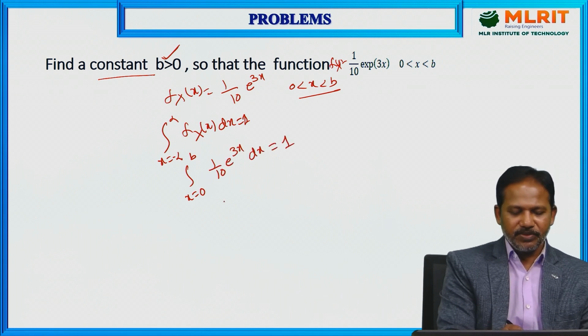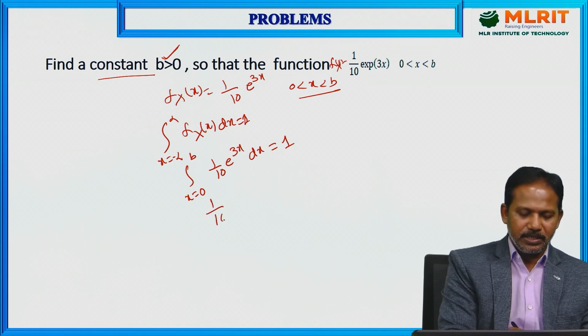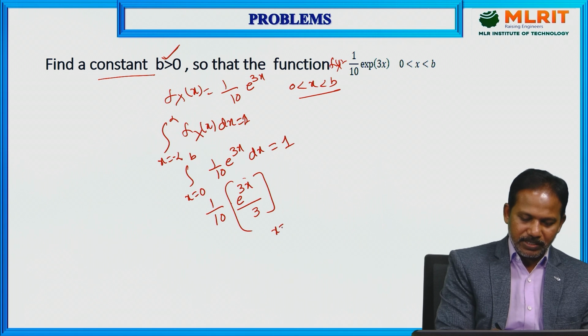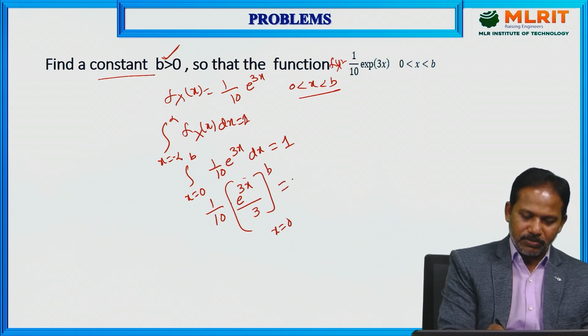Apply the integration for this one, means 1 by 10 is constant into e power 3x, same value on e power 3x divided by the differentiation of 3x, which is 3, from the range of x equal to 0 to b is equal to 1.